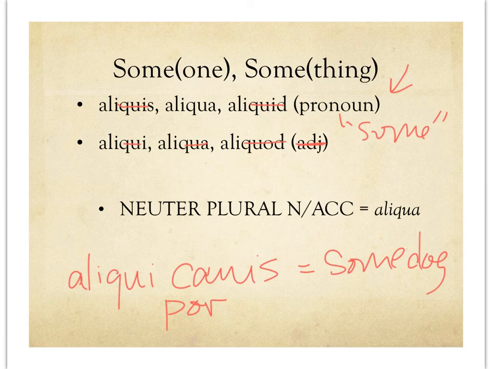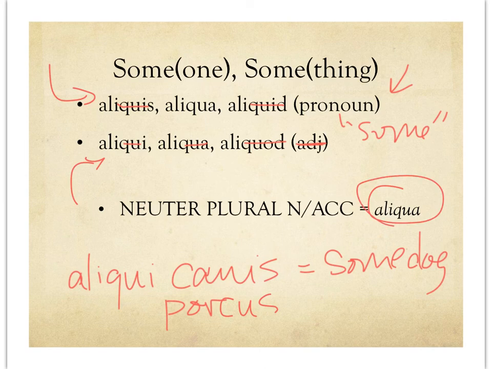As in Charlotte's Web, for example. So we could say that. But those are all. This is a noun, a pronoun to mean someone, something, or some as an adjective. The only tricky thing is that in the neuter, it is not aliquae, but just aliqua, which is what you would expect. It's completely normal.